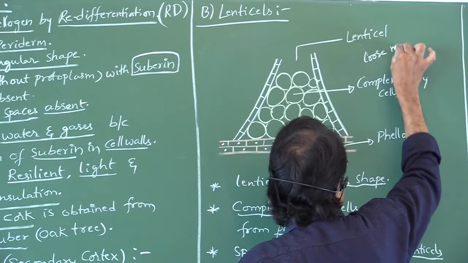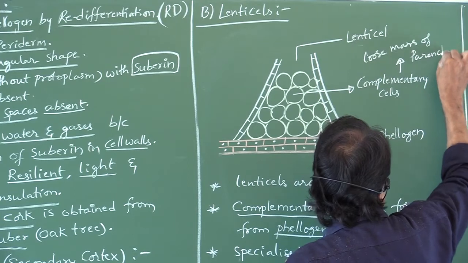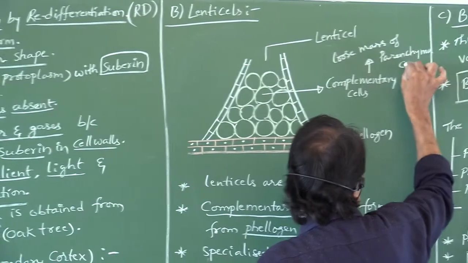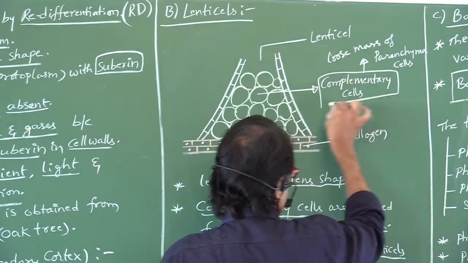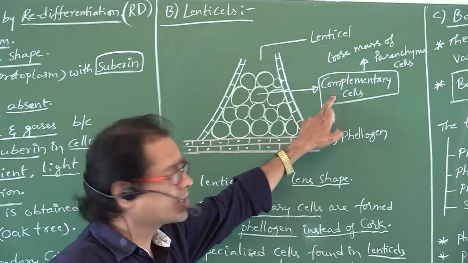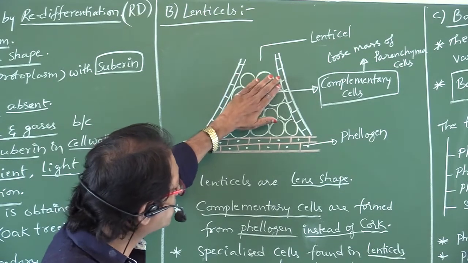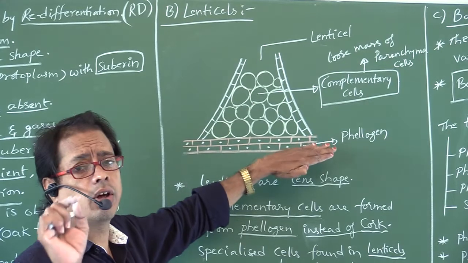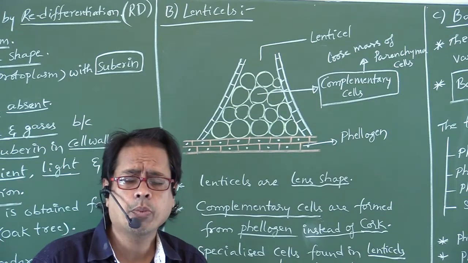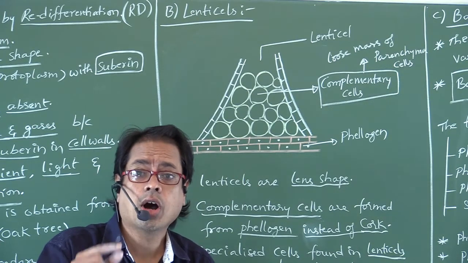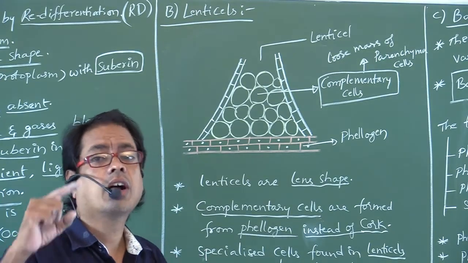A loose mass of parenchyma cells is called complementary cells. These complementary cells are formed from phellogen instead of cork. That is very, very important.